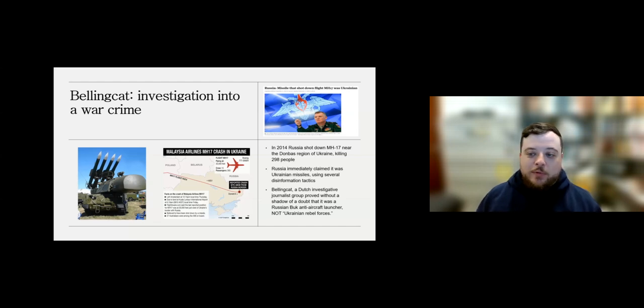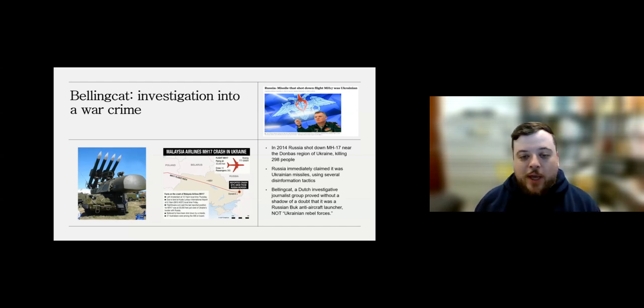They used a whole bunch of different misinformation tactics, but Bellingcat proved without a shadow of a doubt that not only was this a Russian launcher, not even just a Ukrainian rebel launcher, they were also able to track its path back to Russia, down to its home base and the Russian unit that fired the missile.